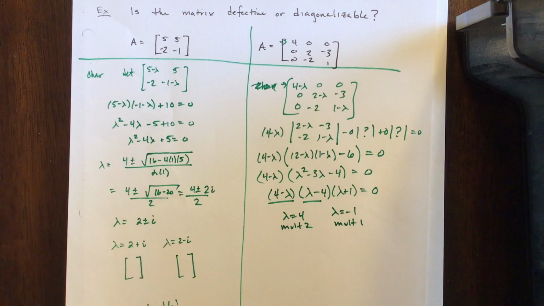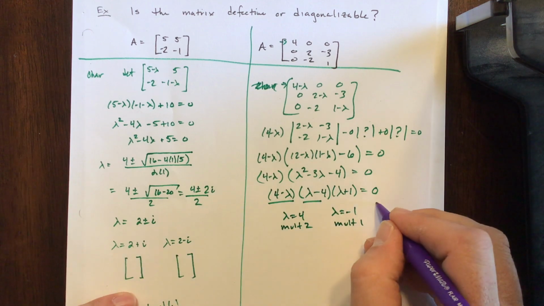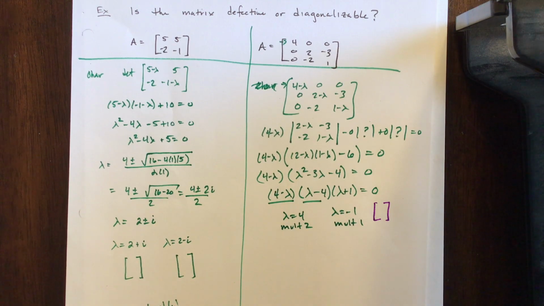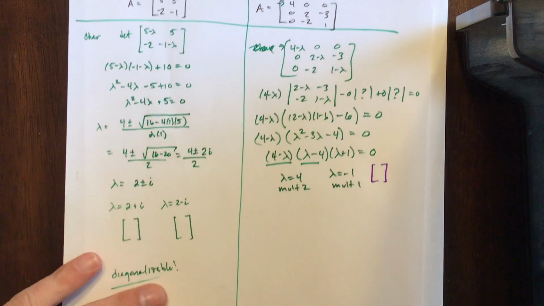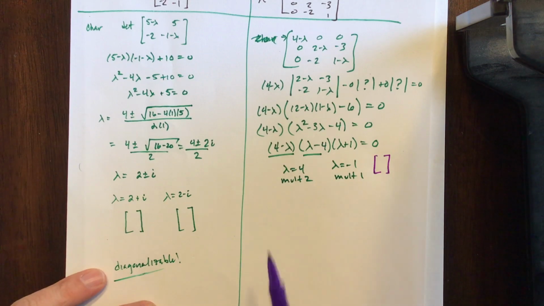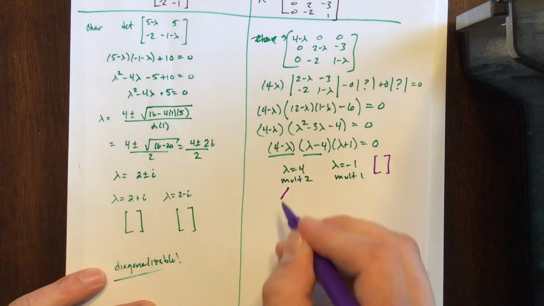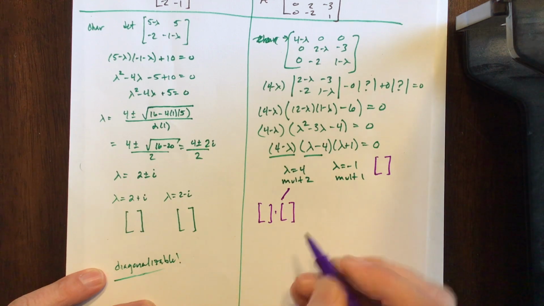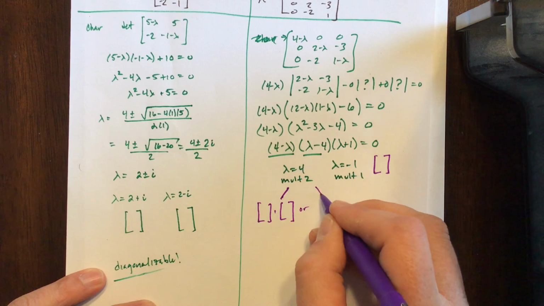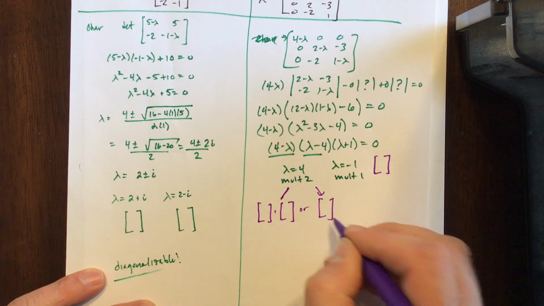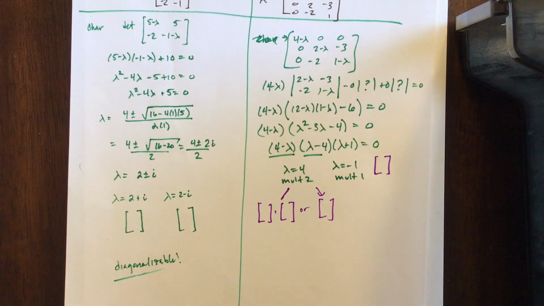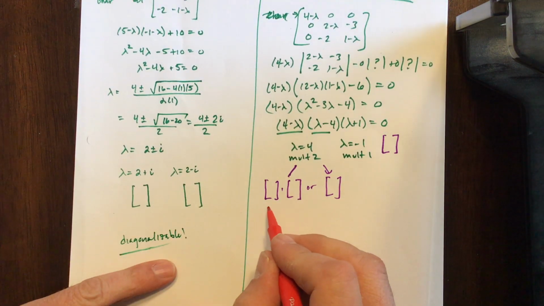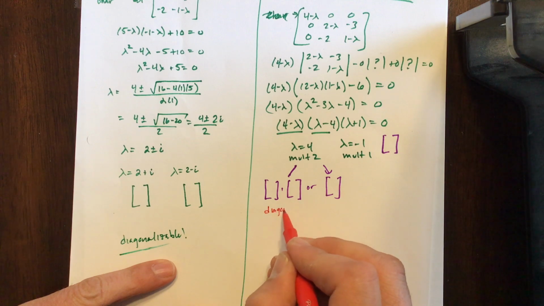Now, I know that lambda equals negative 1 is going to have an eigenvector associated with it by our theorem. So the question is, does lambda equals 4 have 2 linearly independent eigenvectors, or does it only have 1? If it has 2 linearly independent eigenvectors associated with it, then the matrix is going to be diagonalizable.